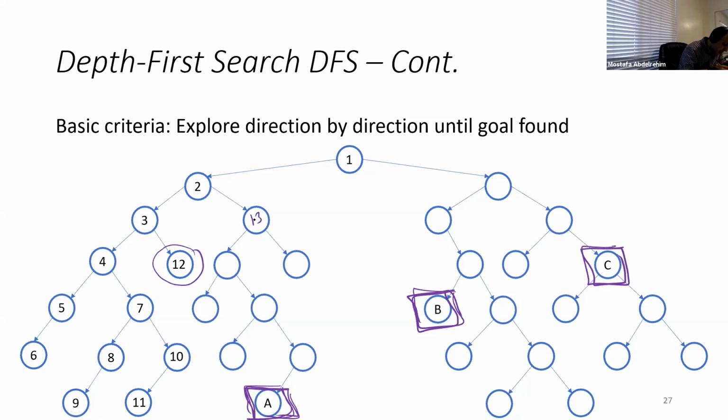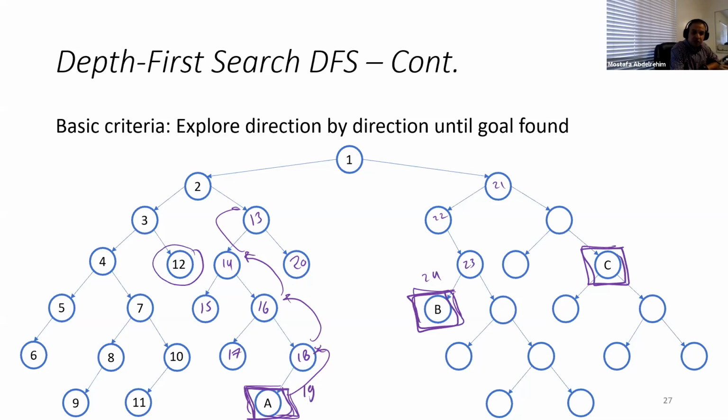This is 13, 14, 15, 16, 17, 18, 19. That's right. That's what you got? Yes. Then we go back here, we go back here, no possibilities, we go back here, no, we go back here. Then this will be 20. Then 21, 22, 23, 24, and you know the rest is easy.